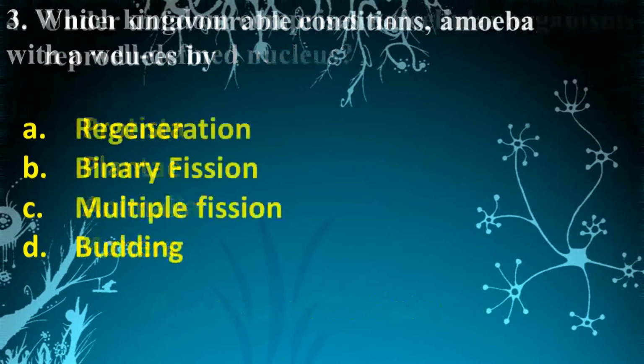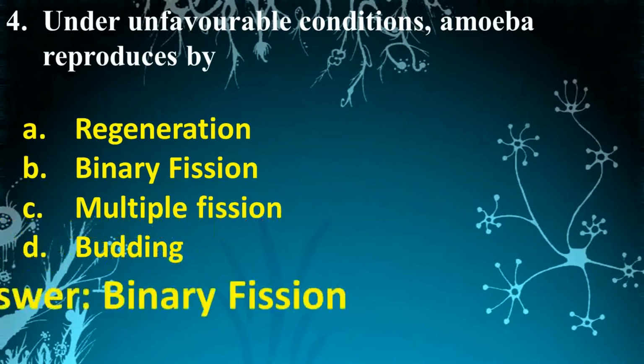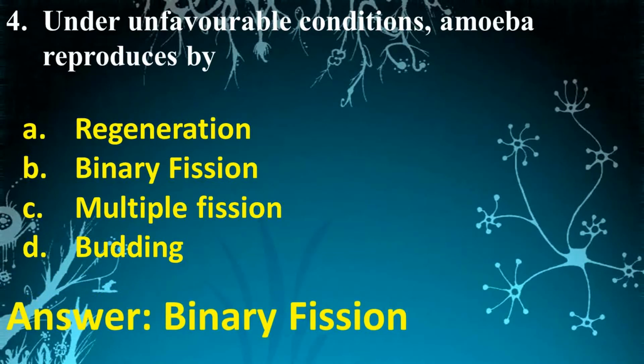Next question. Under unfavourable condition, amoeba reproduces by regeneration, binary fission, multiple fission, budding. Answer is binary fission.